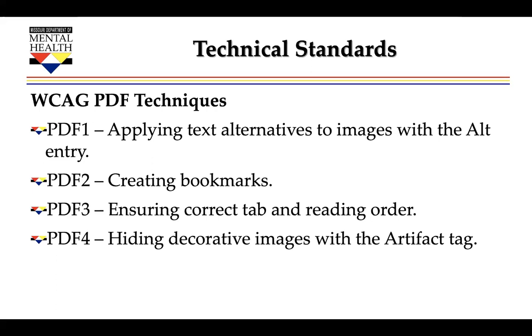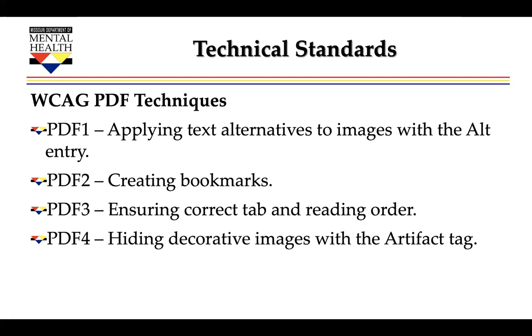Standard 1 is applying text alternatives to images with the alt entry. And so a person who is blind or has low vision may not be able to visually perceive, interpret, and understand information that is presented visually as opposed to text that's machine readable.